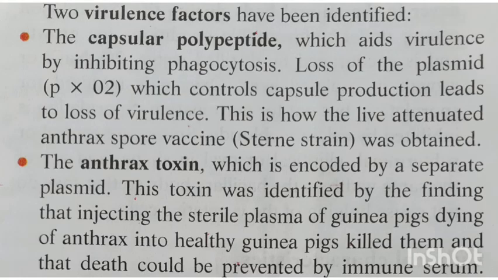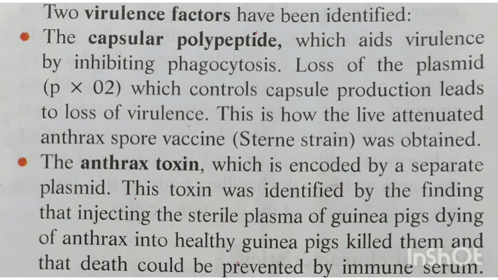Then we can discuss their virulence factors. Here Bacillus anthracis has two virulence factors, that is, the capsular polypeptide and the anthrax toxin. The capsular polypeptide acts as a virulence factor by inhibiting phagocytosis, right? Capsule formation is encoded by genes present in a plasmid contained in Bacillus anthracis.